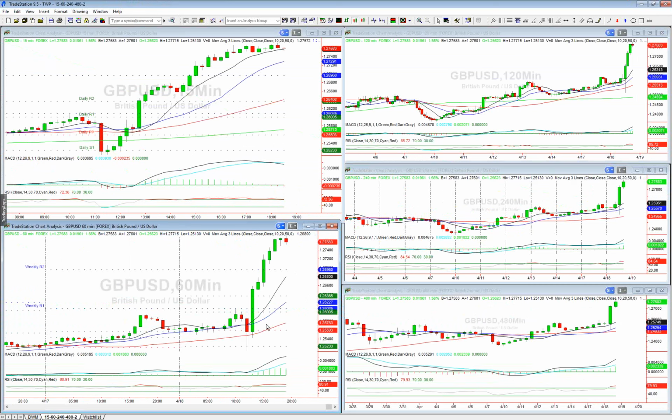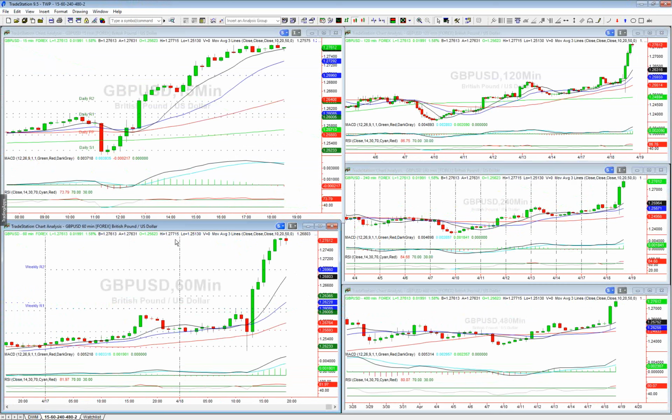Let's have a look at those lower time frames. Sure enough, the same picture, and you get that same fanning pattern, that structure, that good bullish momentum on a much clearer scale. Remember, with the Japanese yen, the lower time frames looked bullish, but the higher time frames didn't agree.